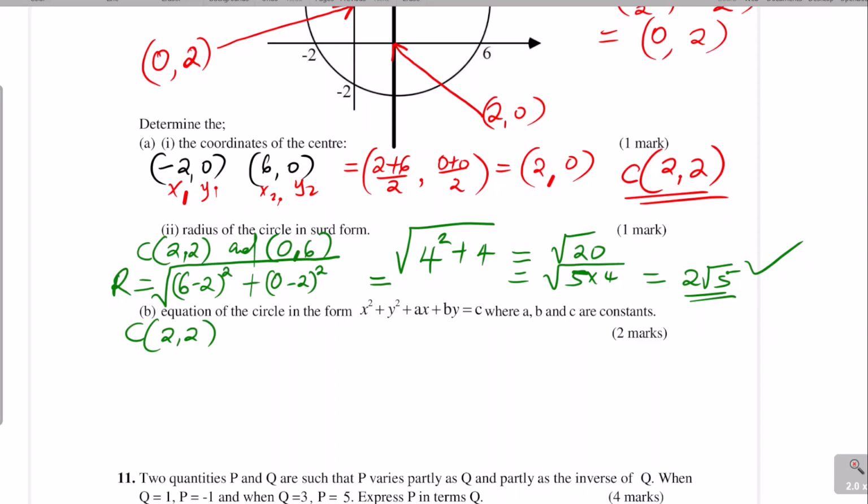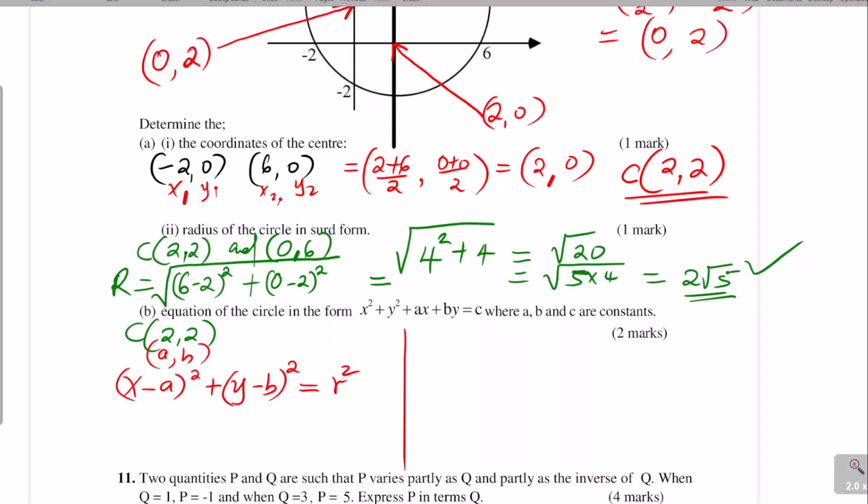The standard form of the equation of a circle with center (a, b) is (x minus a) squared plus (y minus b) squared equals r squared, with r as the radius and (a, b) as the center.